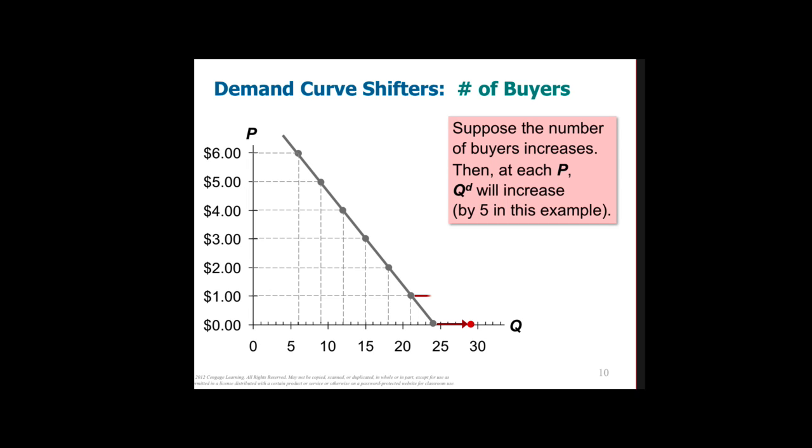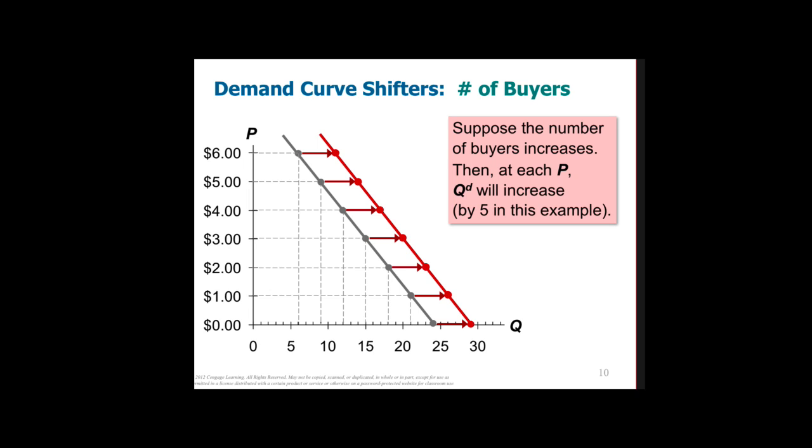The demand curve is going to shift because quantity demanded at every price will increase because there are now more people who want lattes. People who won't drink lattes at 80 will suddenly drink them at 70. So we have increased demand.